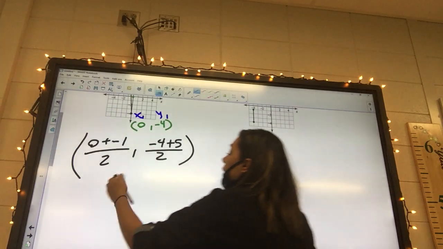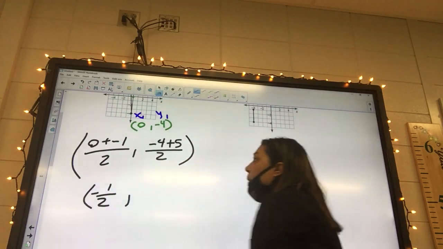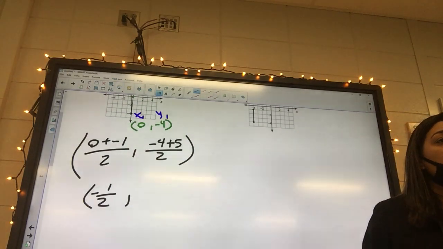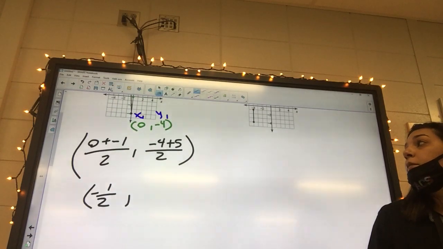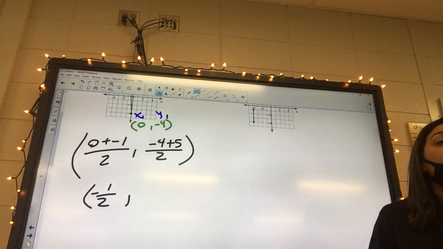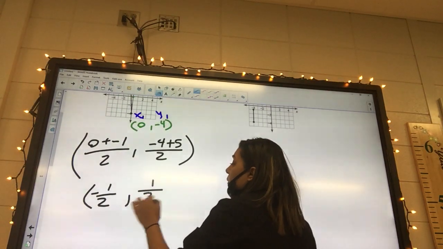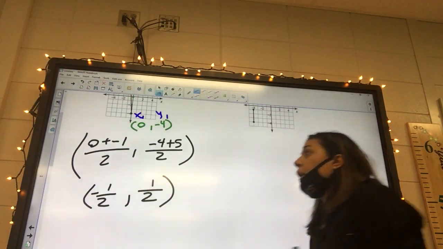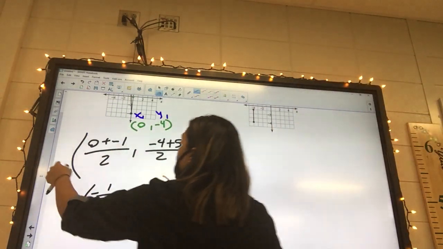You type the first one in your calculator, it's going to end up being -1/2. The other one is going to be +1/2. So the midpoint is -1/2 and 1/2.